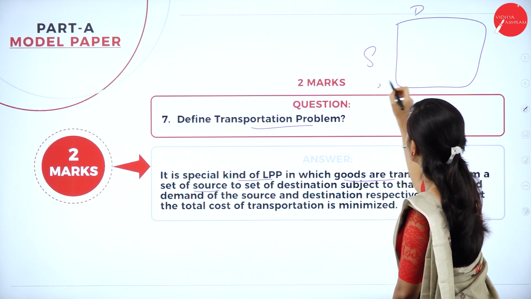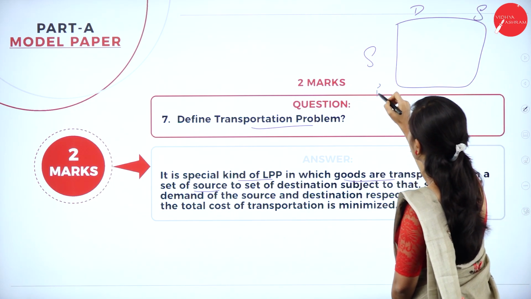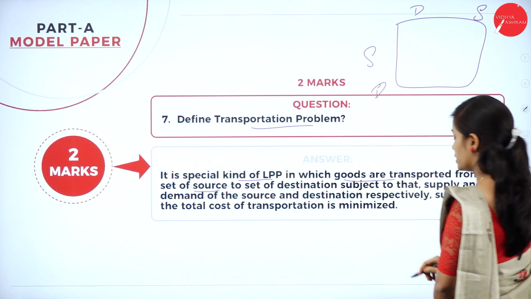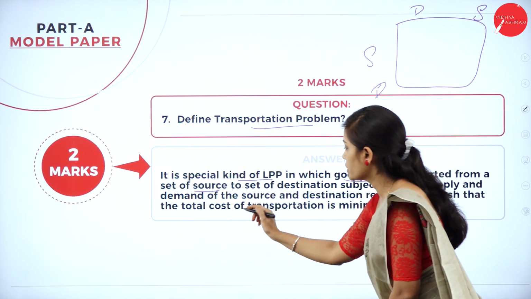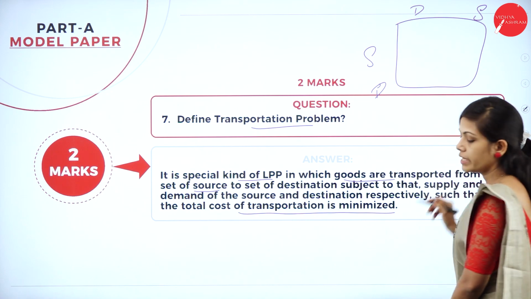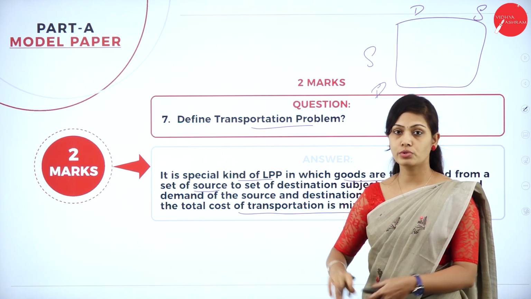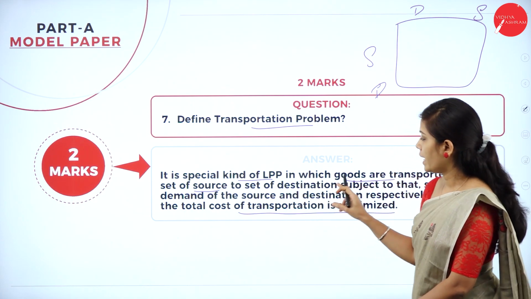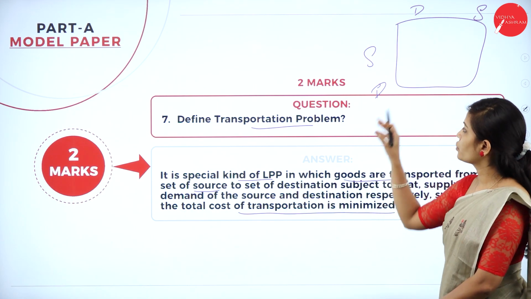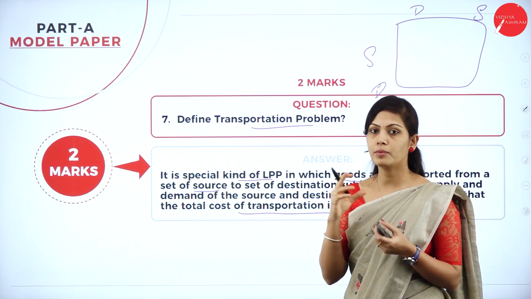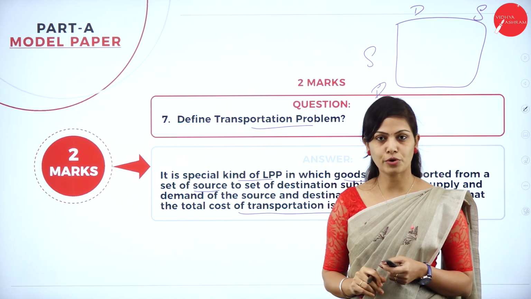So we'll get the supply and demand values of the source and destination respectively, such that the total cost of transportation is minimized. So this is a special kind of LPP. Clear? So in the transportation problem, we are finding the total minimum cost.